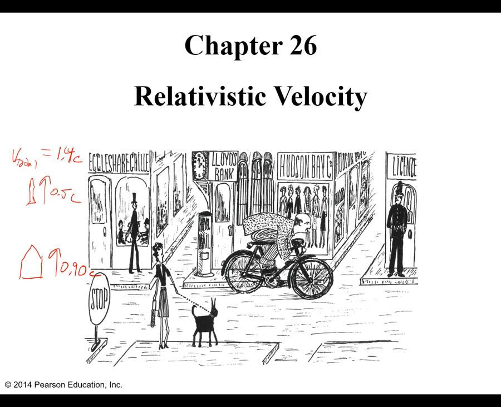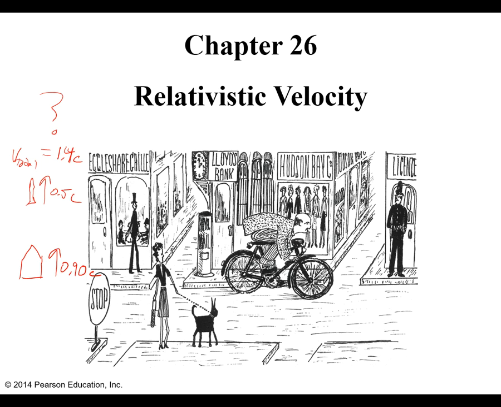And we have ourselves a problem, because we just said in the last video, talking about relativistic mass and energy, that nothing can travel faster than the speed of light. So that gives us a really big question. What's going on here?